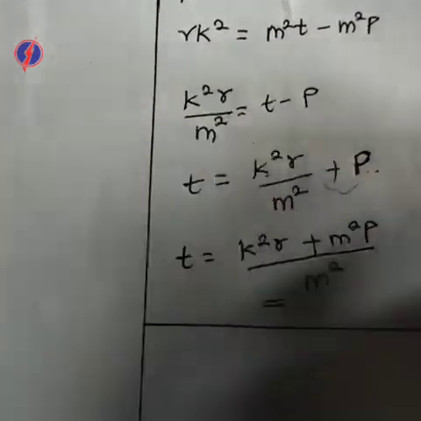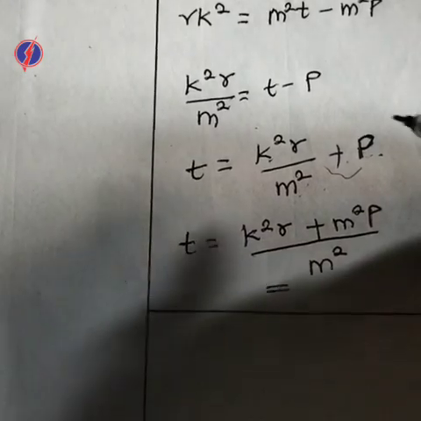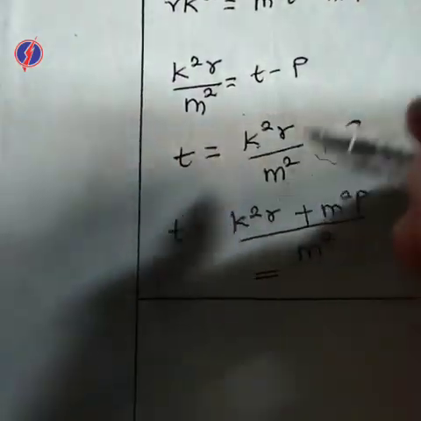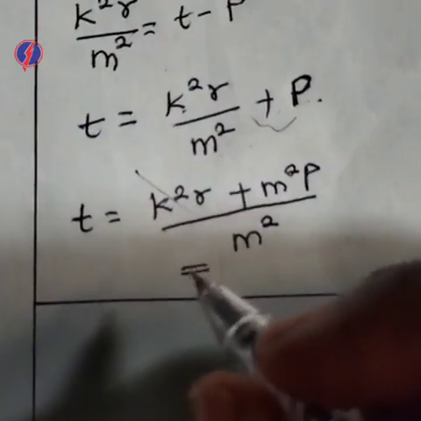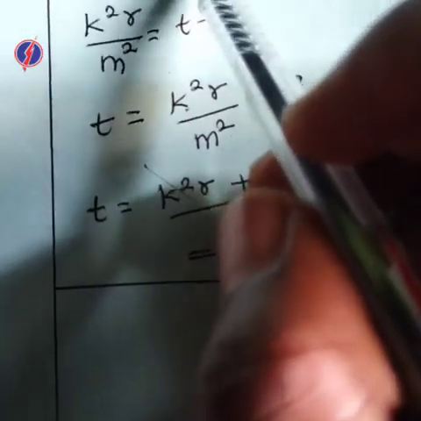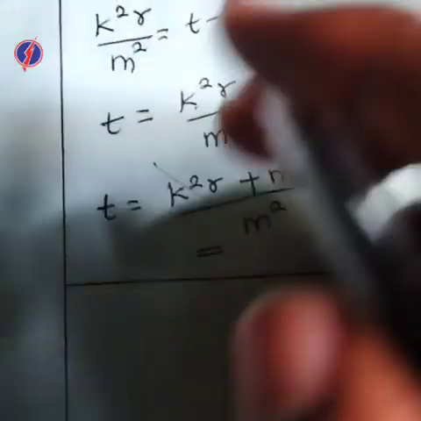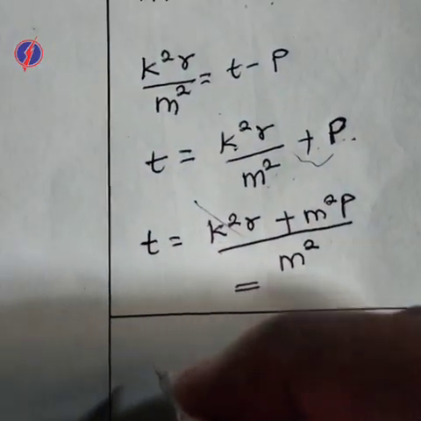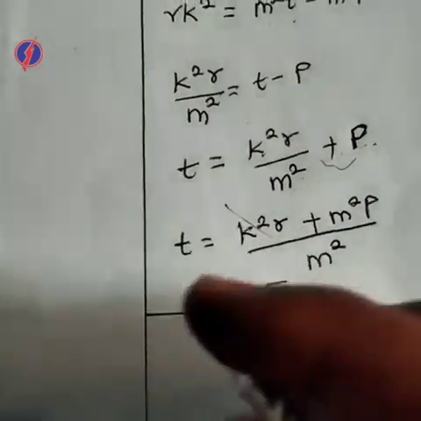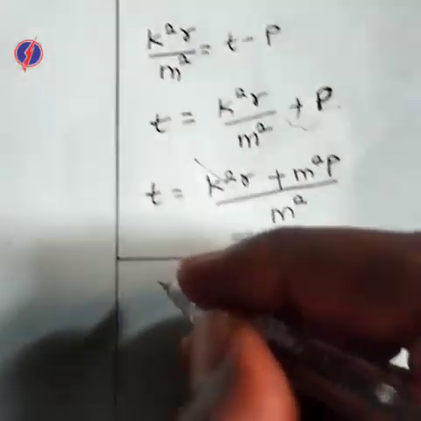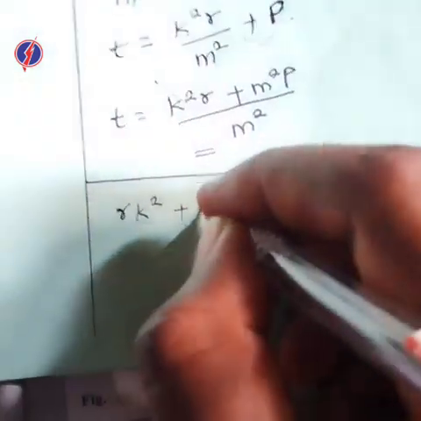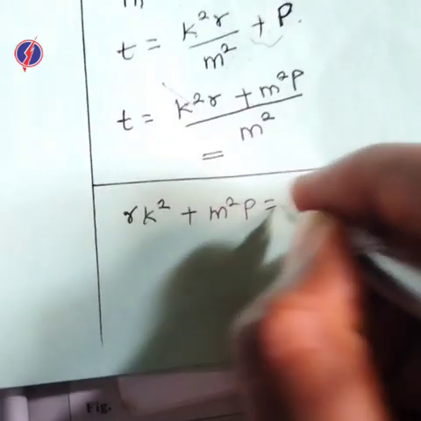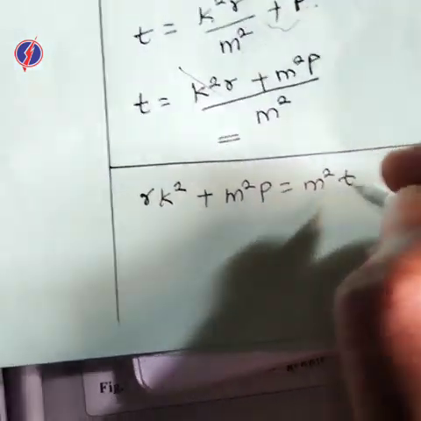All right, so remember that this is one of the ways you can do it. Another way you can still do it is from this particular place. Since we are making t the subject of the formula, we have r k squared plus m squared p equals m squared t, right?